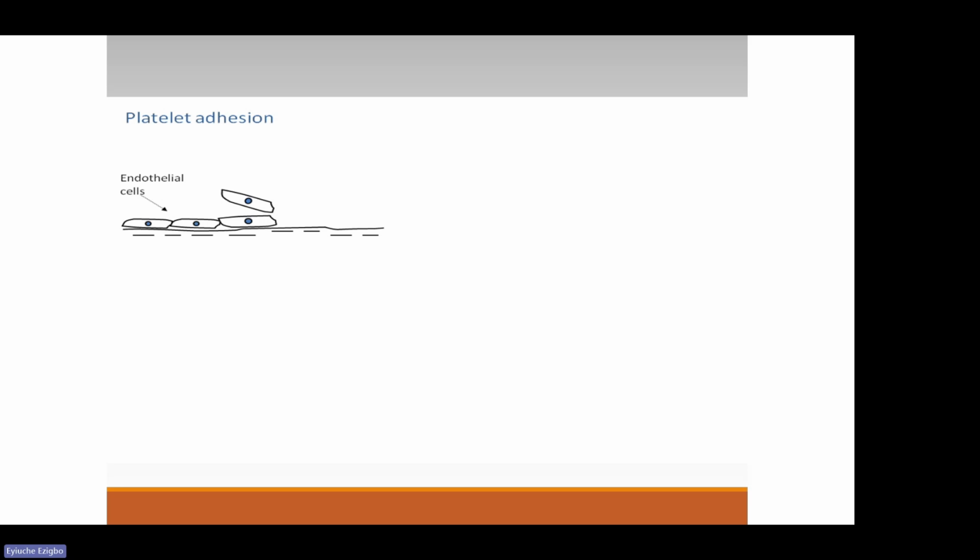You can see the endothelial cells, the one cell there. You can see how it shifted to one side. It's been injured. Once that is done, the subendothelium has been exposed.